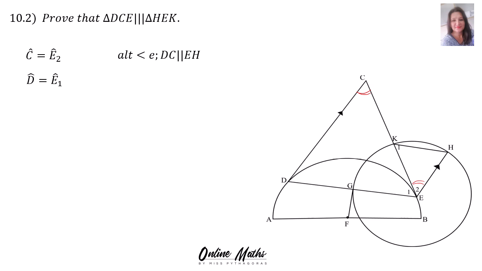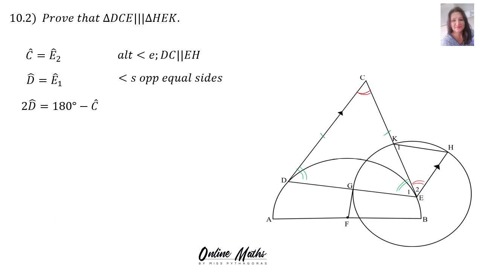And we can also say that angle D is equal to angle E1. Why can we say that? Remember in the previous slide we decided that this side is equal to that side. So those two angles, angles opposite equal sides. That's the reason.